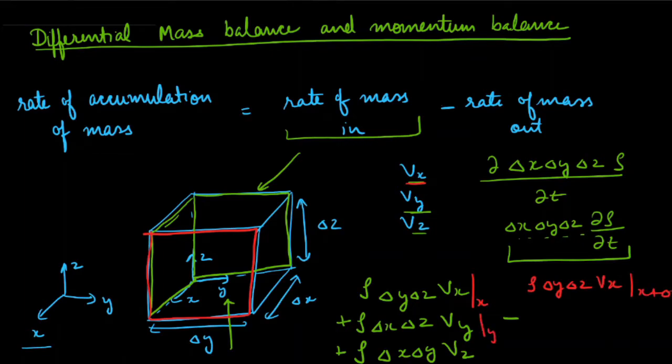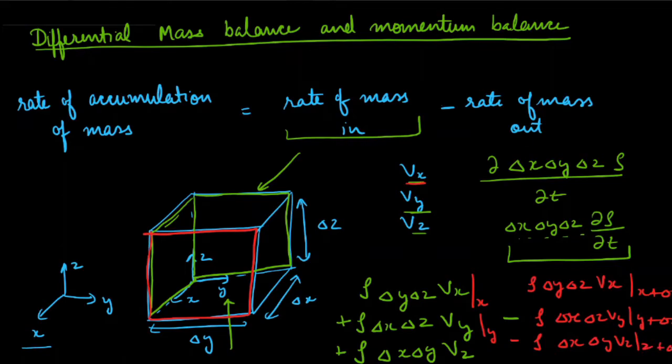Similarly, this will be delta x delta z Vy at y plus delta y, and then this will be delta x delta y Vz at z plus delta z.